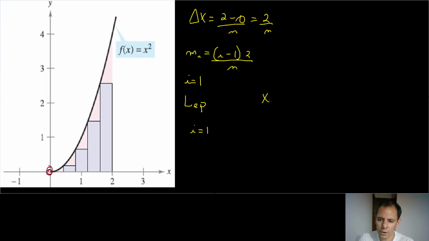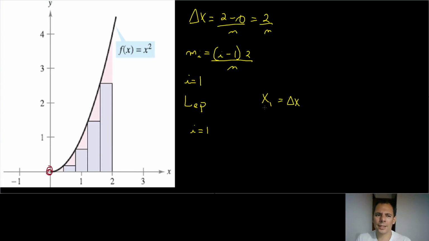Because you see, the value of x1 is not going to be 1, and the value of x2 is not going to be 2. The value of x1, which is this x right here, in the left-hand point is going to be a multiple of delta x, so it's 2 divided by n in this case. Let me just say this. It's going to be delta x, but it's x1.